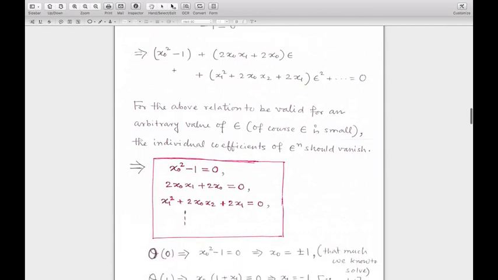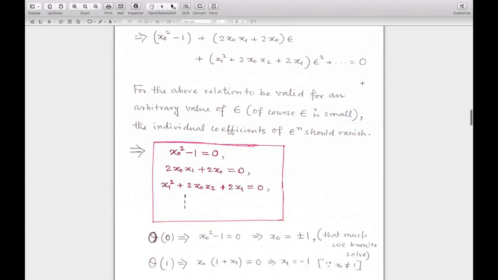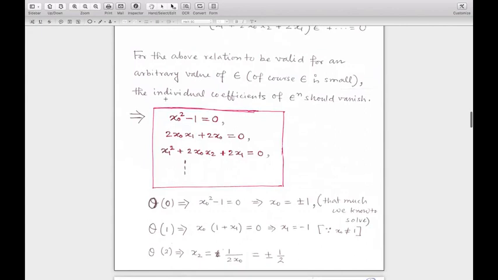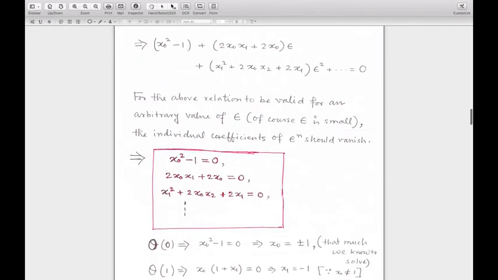It's like a vector whose components should all be 0 when it is equal to a null vector. As simple as that. Now, for the above relation to be valid for an arbitrary value of epsilon, the individual coefficients of epsilon n should vanish for all n.